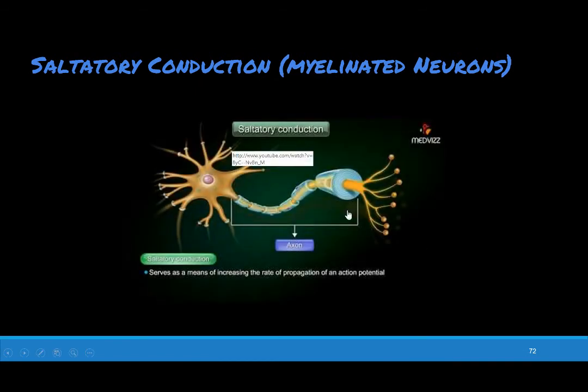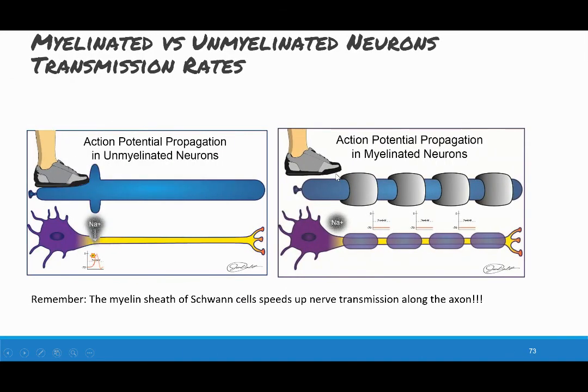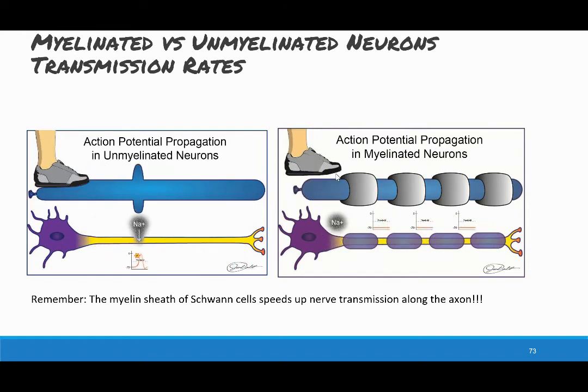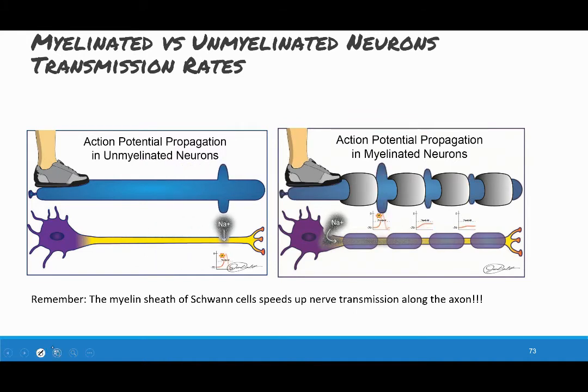So again, if you watch this animation, I can explain visually how that works, better than I can explain it on the diagram, maybe. This little animation compares what it looks like for an unmyelinated neuron on the left-hand side to a myelinated neuron on the right-hand side.